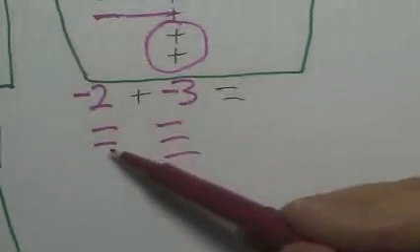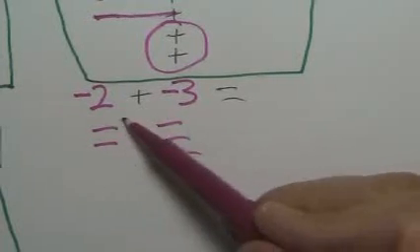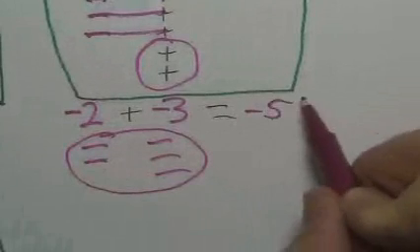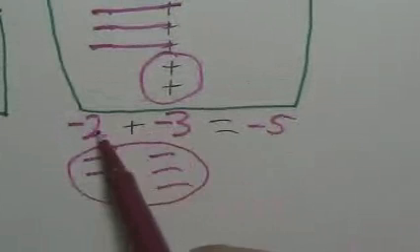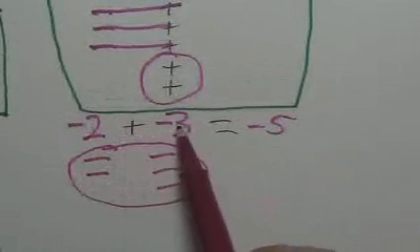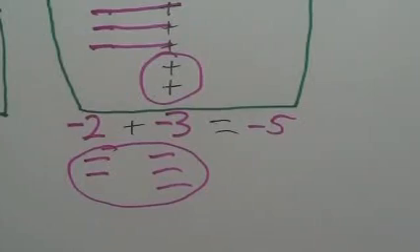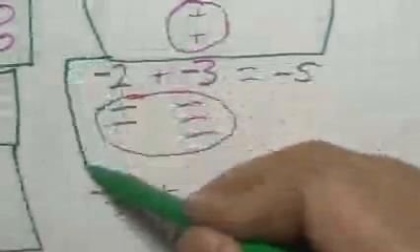Okay, so there's nothing to cancel. There's just 1, 2, 3, 4, 5 negatives. Our answer is negative 5. And so take a look. They're both the same sign, so just add them together. 2 and 3 makes 5. They're both negative. It's negative. So I'll box that in.